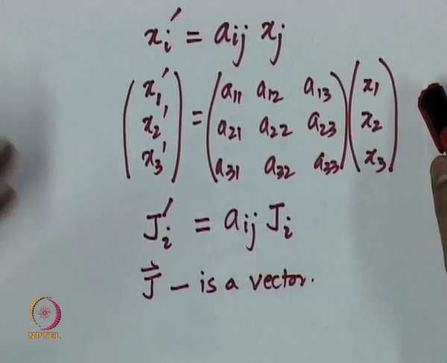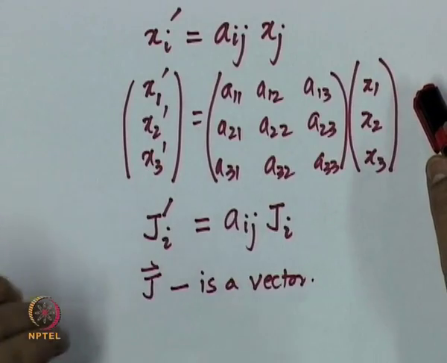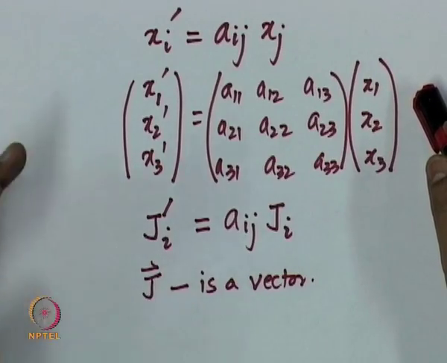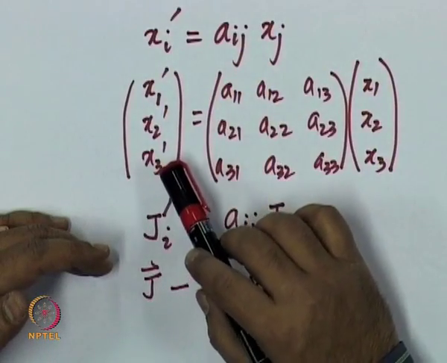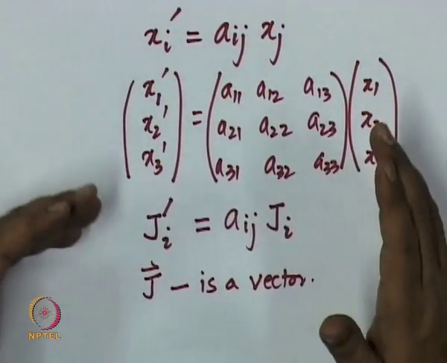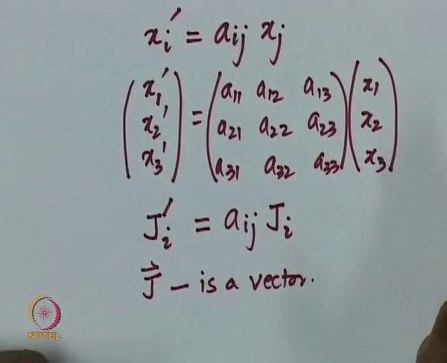Somebody else uses some other frame of reference which has the same origin as mine, and the components that they have is given by x1 prime, x2 prime, x3 prime, and if I can find out the relationship between my frame of reference and their frame of reference in terms of the transformation matrix, and if I find that my components multiplied by the transformation matrix gives their components, then I know that this quantity is a vector.